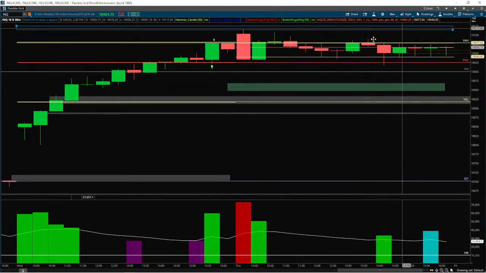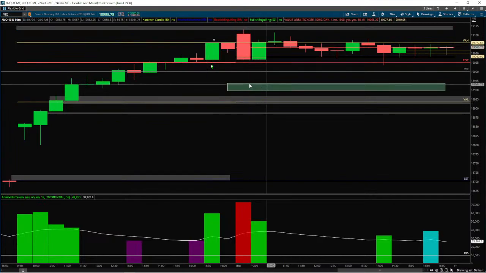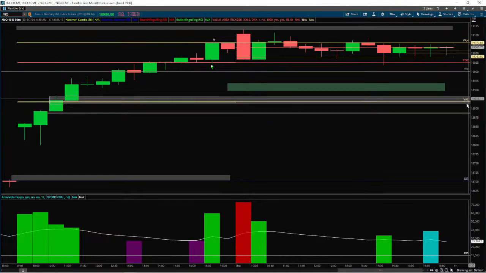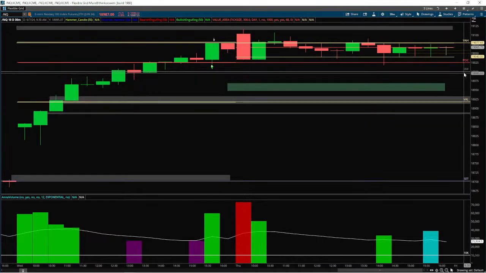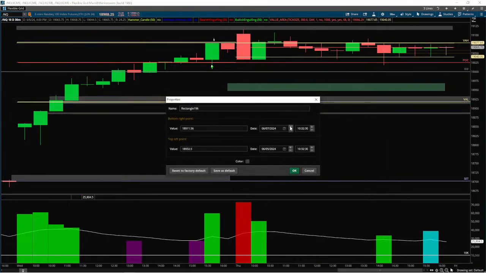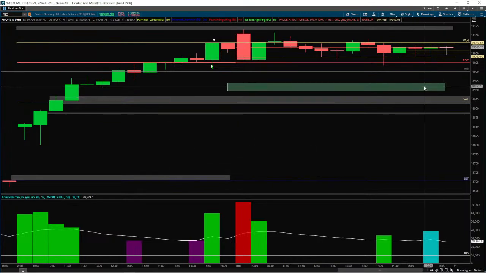Let's do that. This probably can stay. Where are we trading at? 18,986. We're up here. Probably bounced. No, we didn't bounce. We didn't hit this area here yet, but we are bouncing off of this.